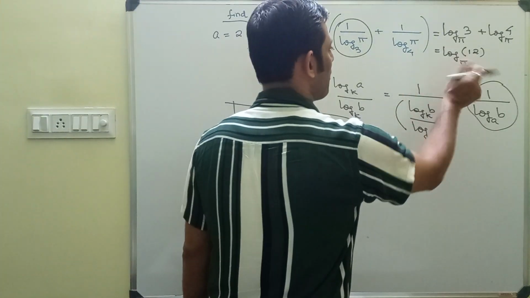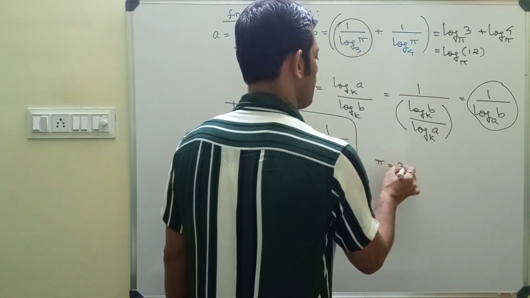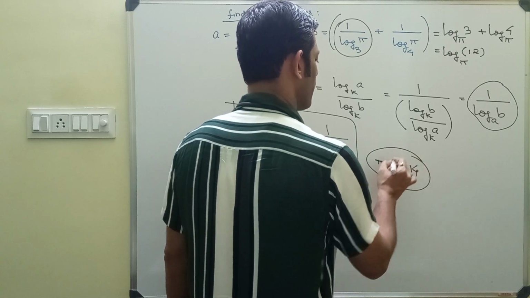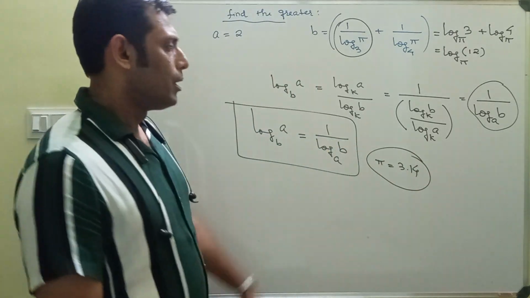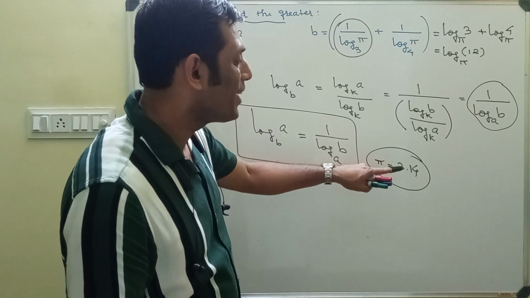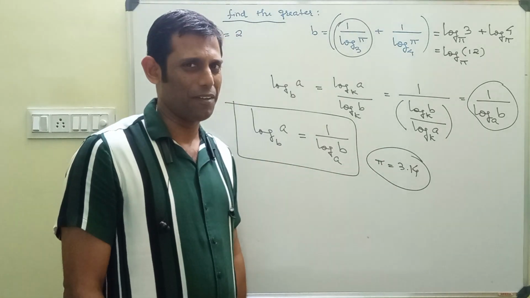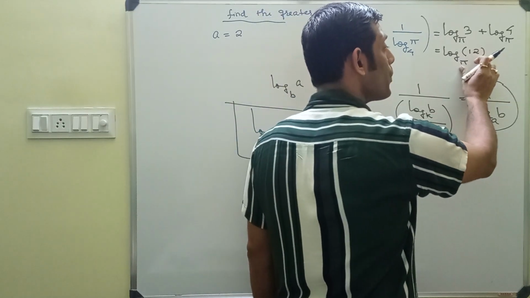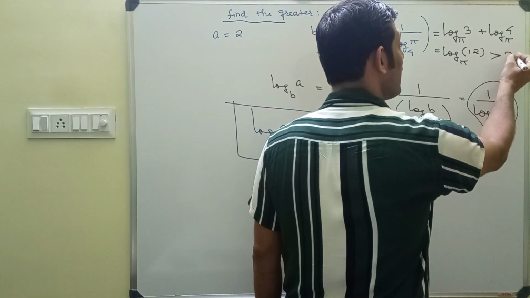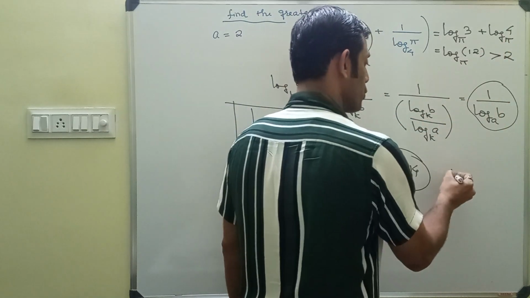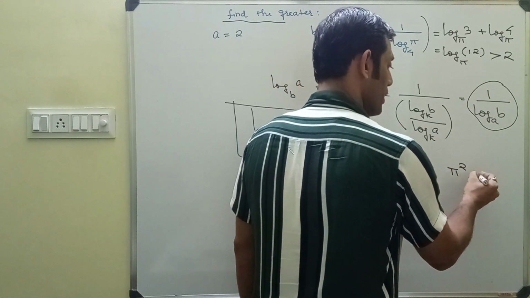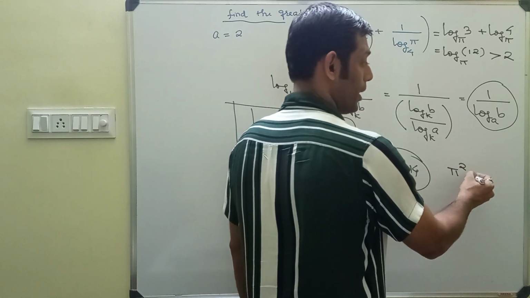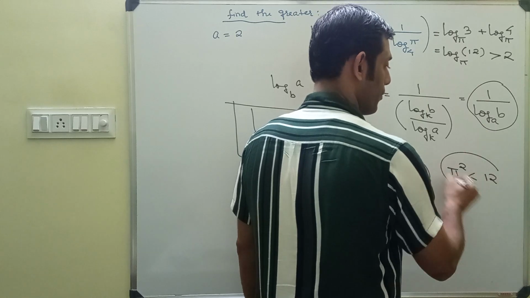Log 12 base pi. Pi is equal to 3.14, roughly. Squared, pi square won't be greater than 10. And you require 12. This value is definitely greater than 2 because pi square is less than 12.